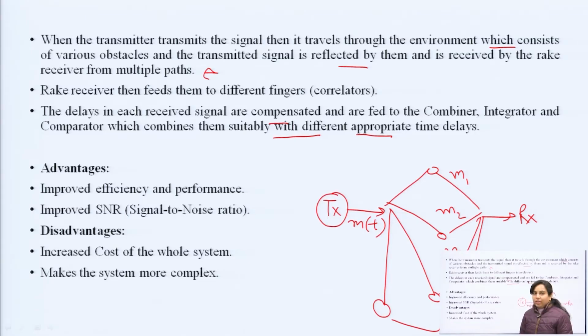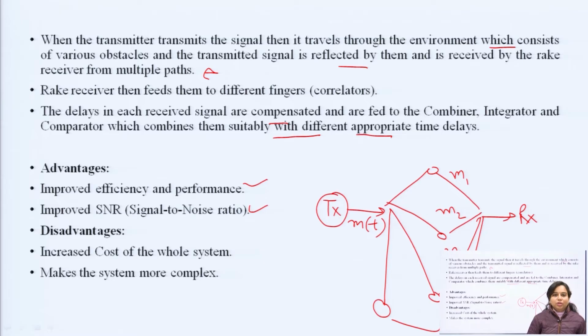So, what is the advantage of using this particular rake receiver? First, it improves the efficiency and performance, and it improves the signal to noise ratio. When we are dealing with analog communication, the signal to noise ratio is a very important parameter that we have to calculate. It is the received signal power divided by the noise power.